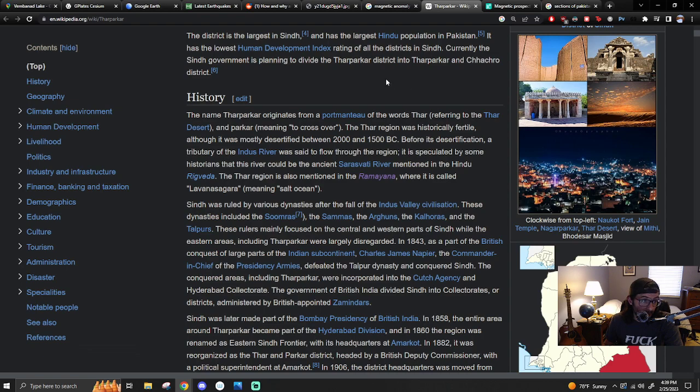Historically fertile, mostly desertified between 2000 and 1500 BC. Before its desertification, a tributary of the Indus River was said to flow through the region. It is speculated by some historians that this river could be the ancient Sarasvati River mentioned in the Hindu Rig Veda.